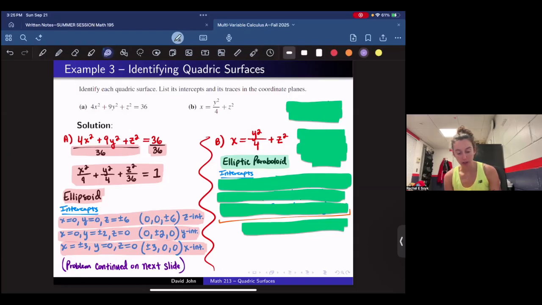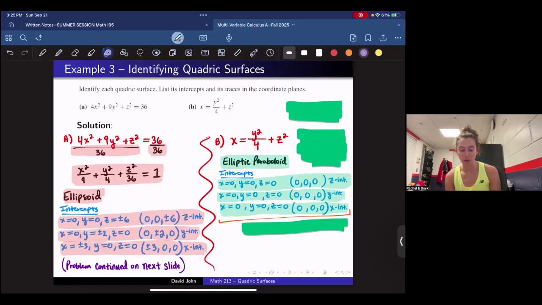If we are going to look at our y-intercept, we want to set x and z equal to 0, and we once again get 0, 0, 0. And last but not least, if we want to look at our x-intercept, we set y and z equal to 0. And when we do, we once again get 0, 0, 0.